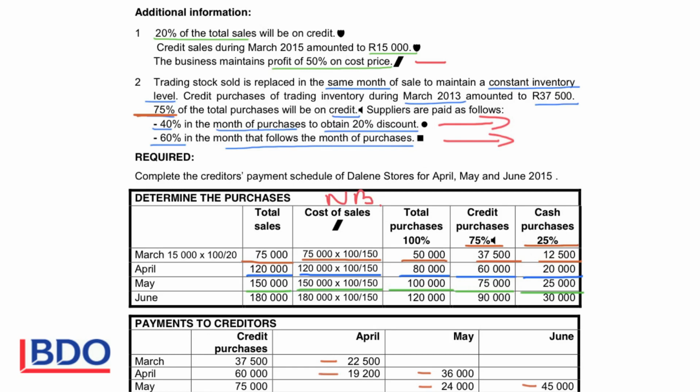Then you will take the credit purchases in this column and you will determine how much of that money will be paid in the same month as of payment to obtain 20% discount, what will be paid in the following month, the 60%.